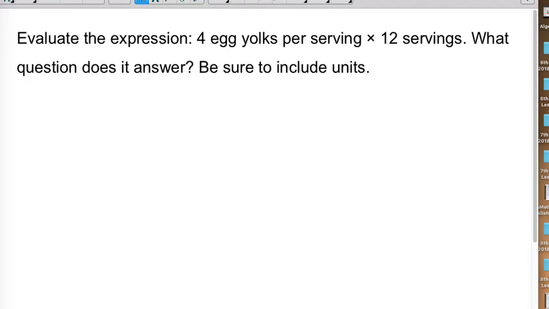Ben? How many yolks per serving? Nope, it already tells me that. What are we actually going to equal when we're all done? What are we finding the answer to? Chance? How much egg yolks total? How many yolks do you need?